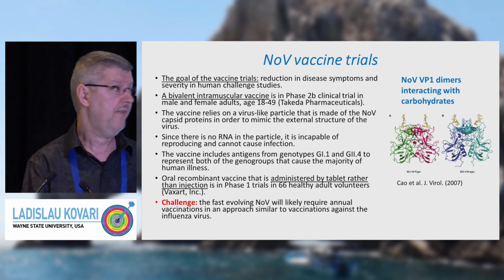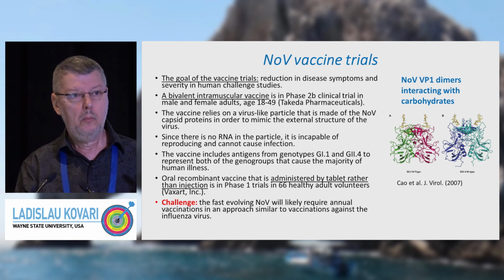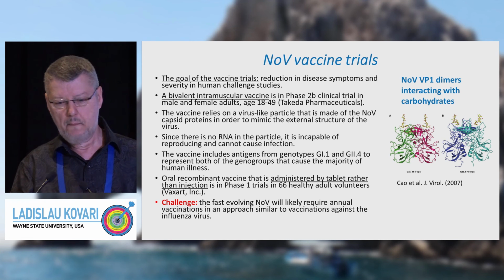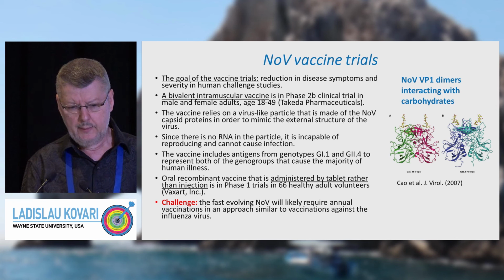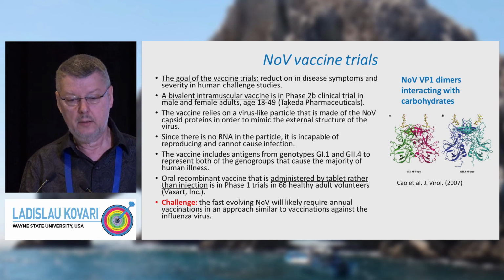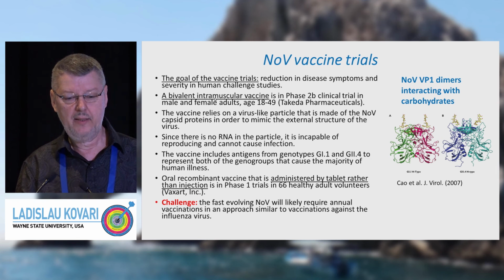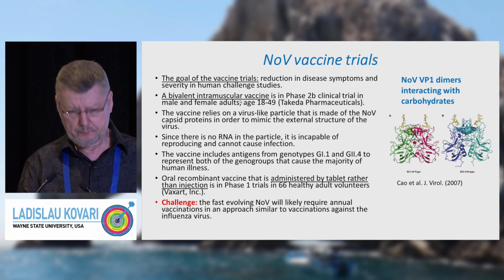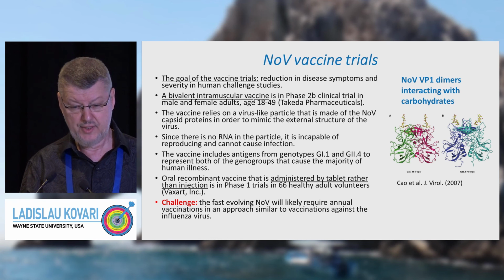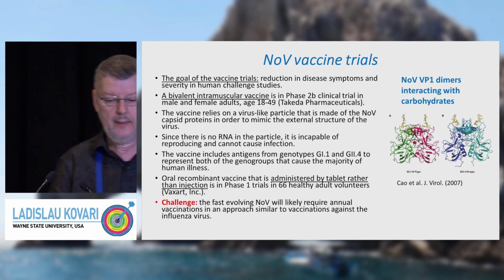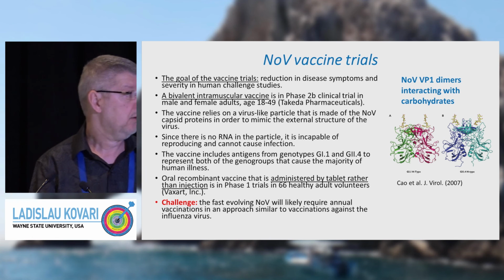So there's a bivalent vaccine that contains genogroup 1 and genogroup 2 norovirus, and this is currently in phase 2B clinical trials, and this is a bivalent intramuscular vaccine, and since there is no RNA in the particle, it is incapable of reproducing and cannot cause infection.